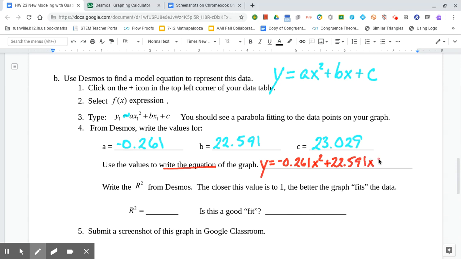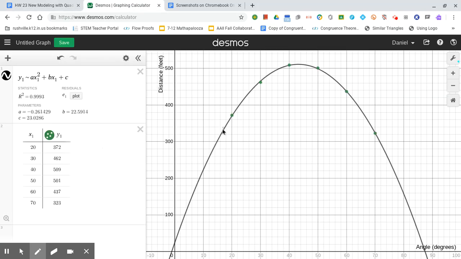And we have plus c, which is plus 23.029. So this equation here ends up being the best possible equation for our 6 data points. This parabola that we're seeing right here has the equation that we just typed in.